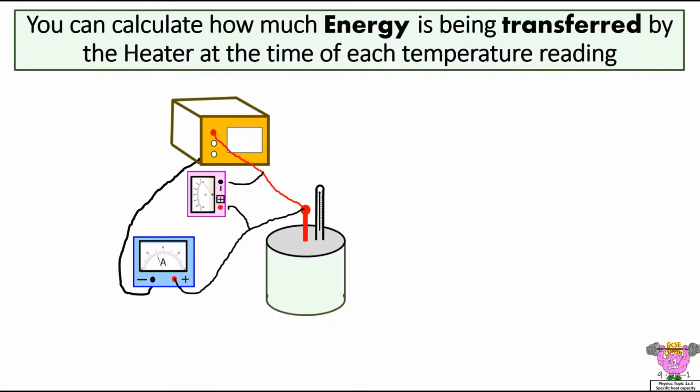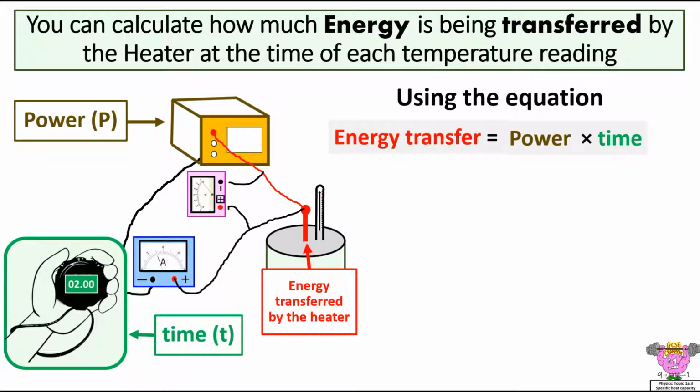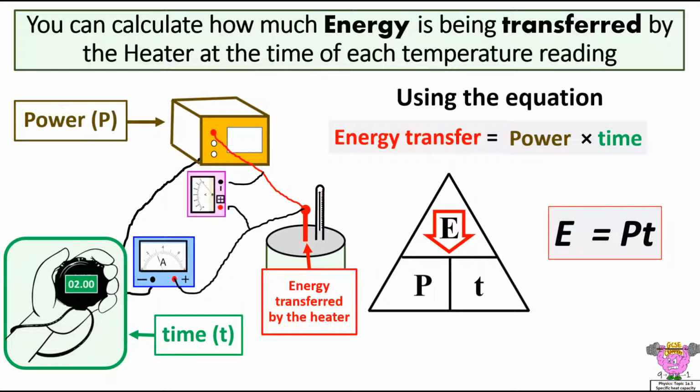You can calculate how much energy is being transferred by the heater at the time of each temperature reading using the equation energy transfer equals power multiplied by time, or E equals Pt. Power is measured in watts, energy transfer is measured in joules, and time is measured in seconds.